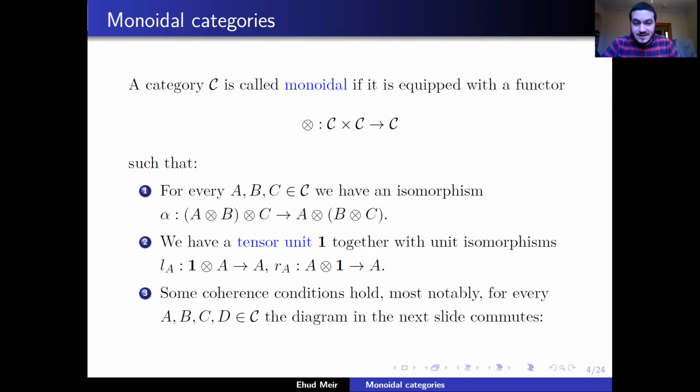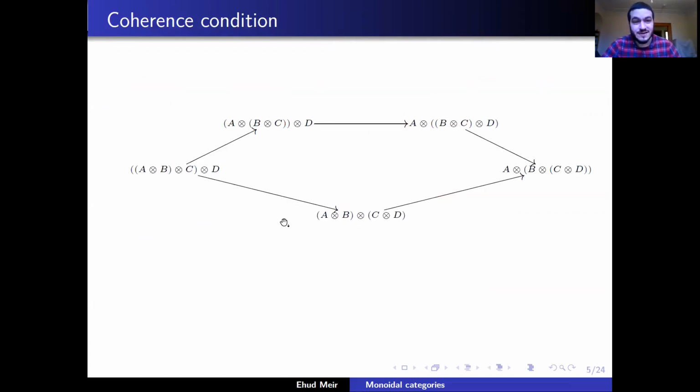And I guess the most important one is the one in the next slide that's written here. So in other words, if you start with ((A tensor B) tensor C) tensor D, where all the parentheses are to the left, and you move it in two ways to the right to A tensor (B tensor (C tensor D)), then it should give you the same morphism in the category. Okay.